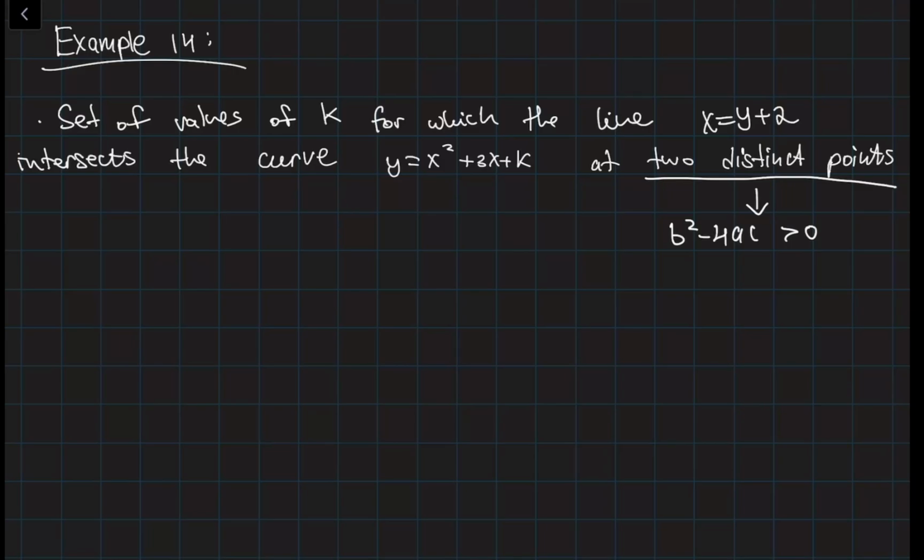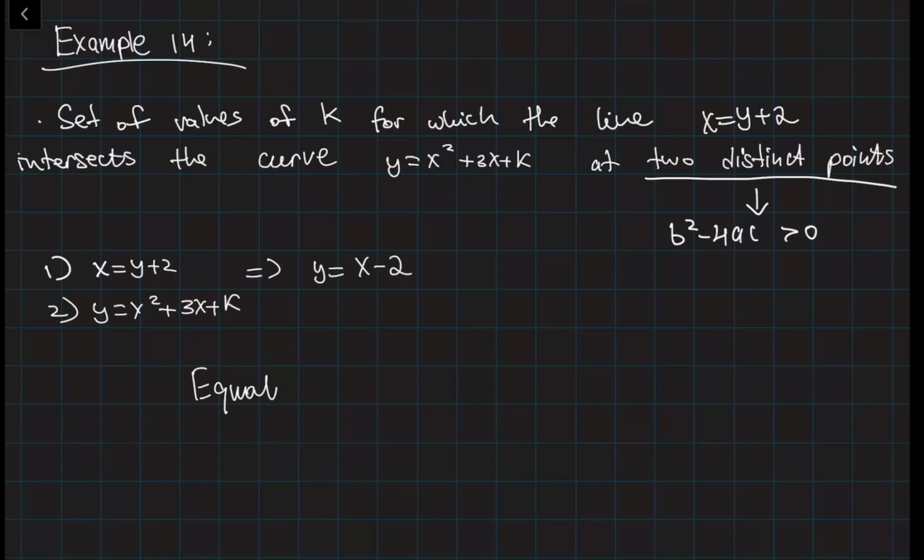Now let's equate. We have equation 1, x equals y plus 2, and equation 2, y equals x squared plus 3x plus k. Let's rearrange the first equation: y equals x minus 2. Now let's equate: x squared plus 3x plus k equals x minus 2.